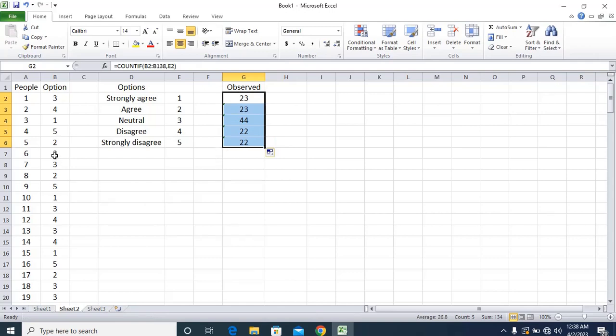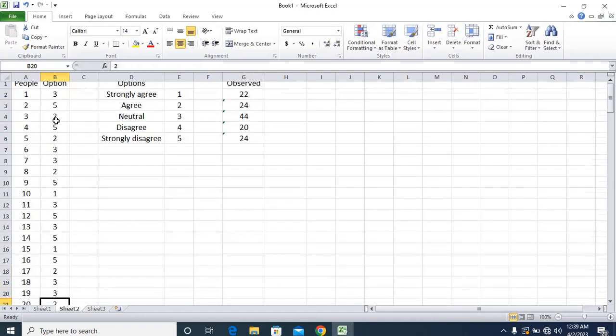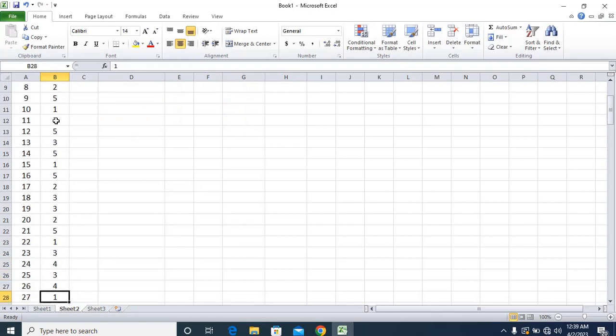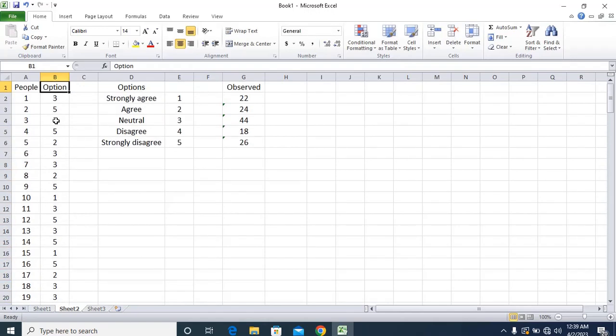I'm going to change these values so that there may be some difference between the values of observed. Now what is the expected value?